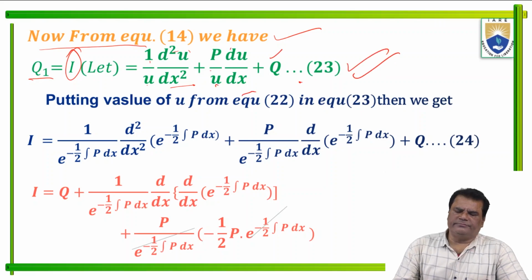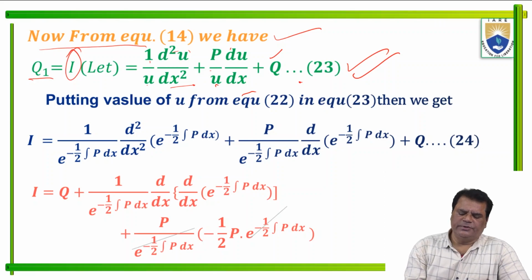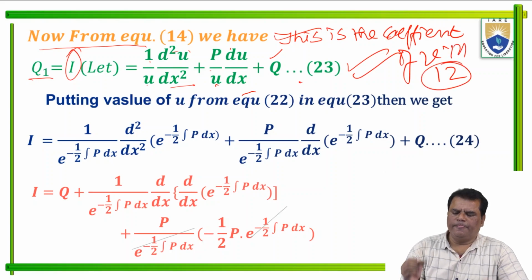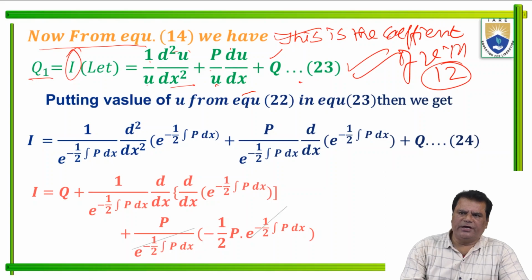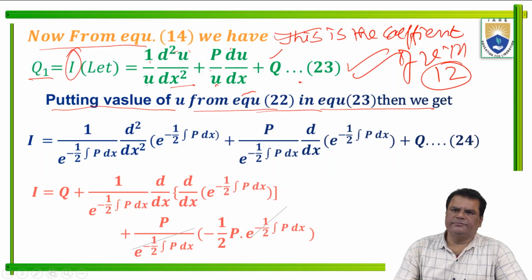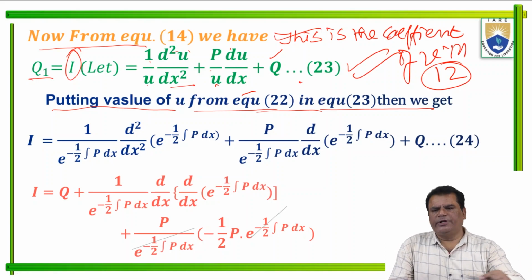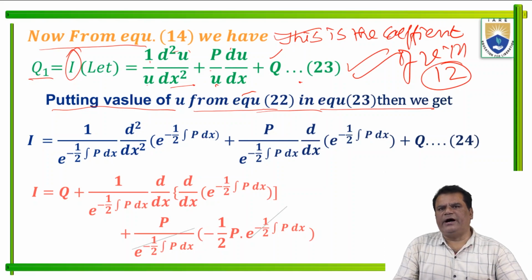This is equation 23, the coefficient of v in equation 12. Putting the value of u from equation 22 in 23. We have found the value of u in 22, and putting that in 23, we find the value of I.